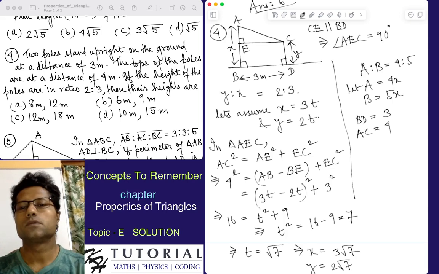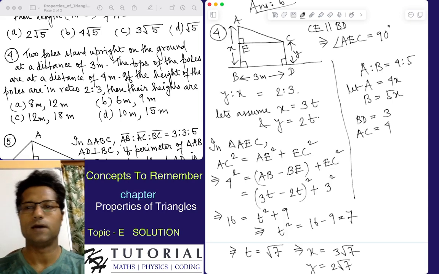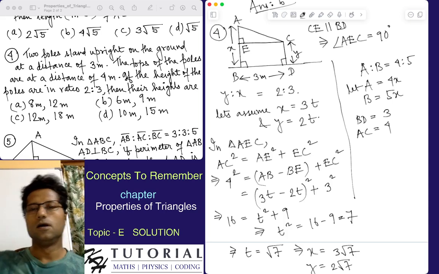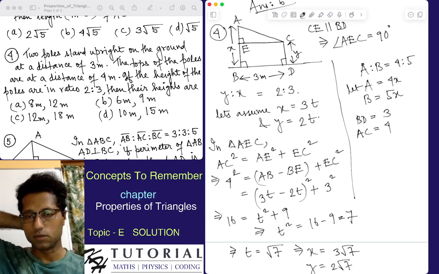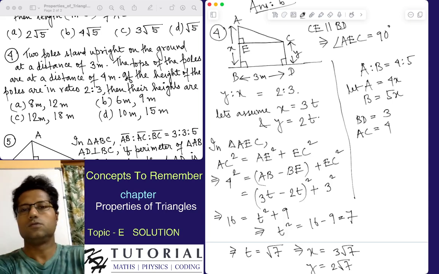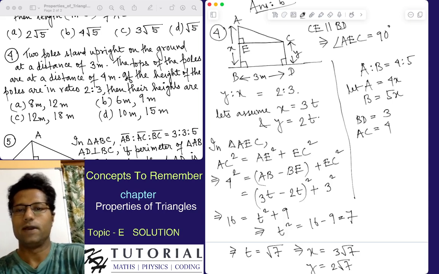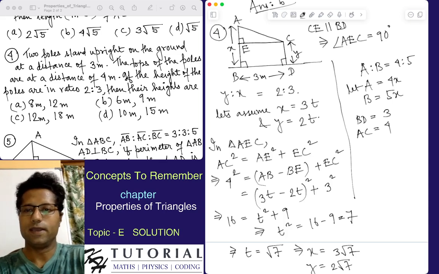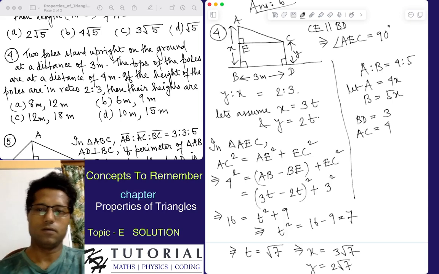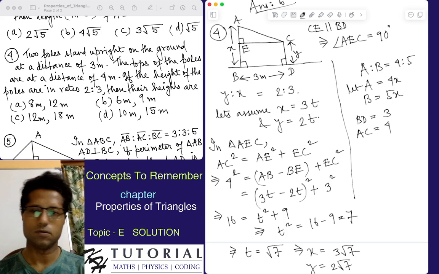So we have assumed in the figure that the height of the pole AB, the one having the bigger height, is x and the height of the shorter pole is y. So we must have y is to x equal to 2:3. So we are now assuming y is equal to twice t and x is equal to thrice t. Okay.